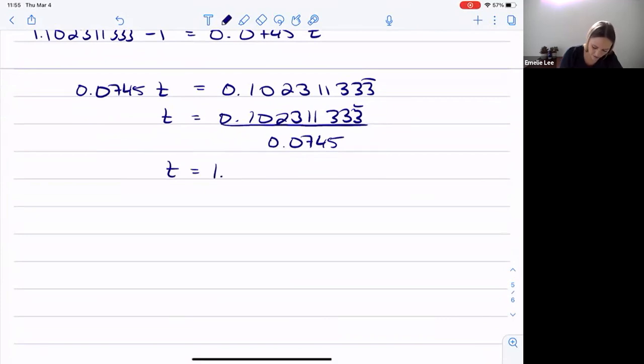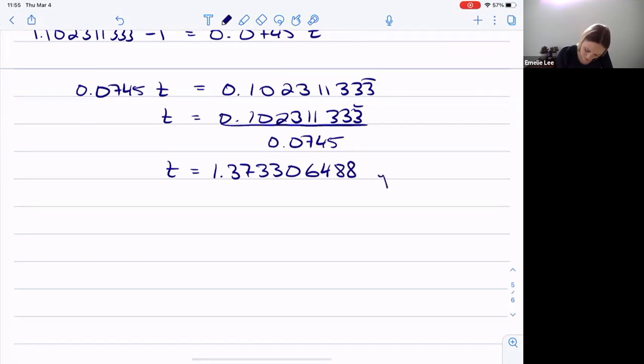T is 1.37330648 years, remembering the units for t are always in years. So 1.3733064888, probably with more decimals that I just don't see.